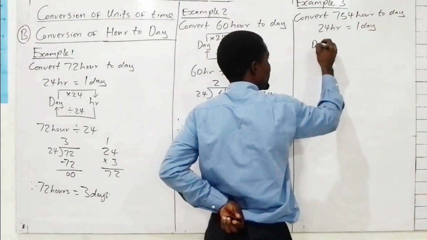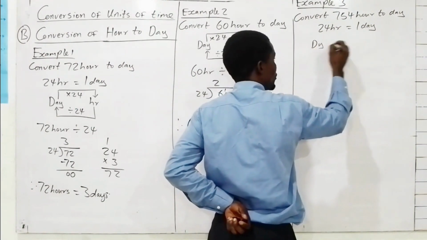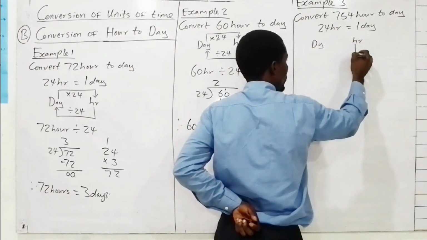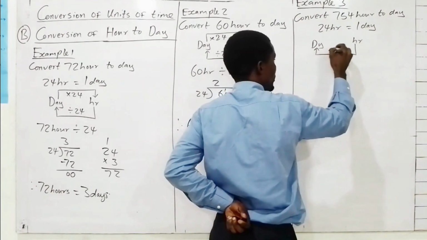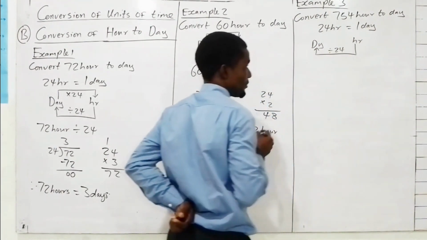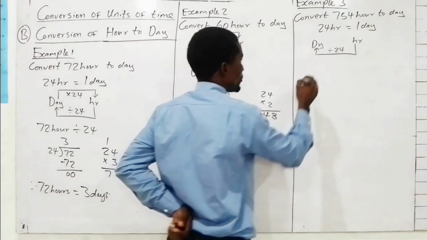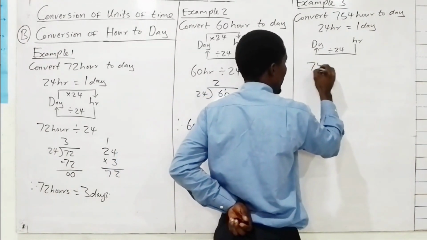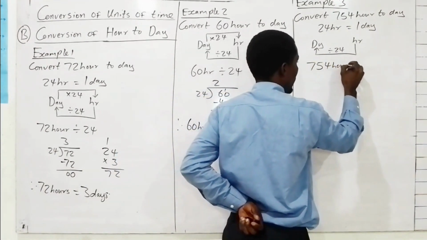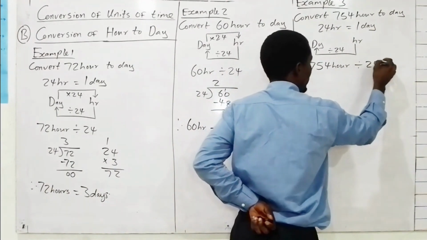Definitely, if we are converting from hour to day, we divide by 24. So we have 754 hours divided by 24.